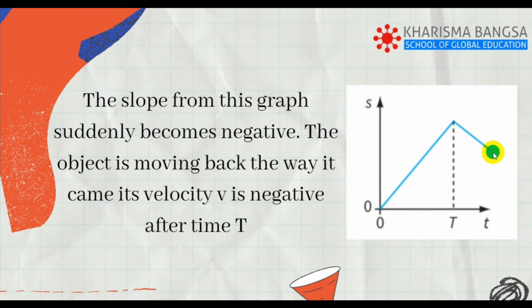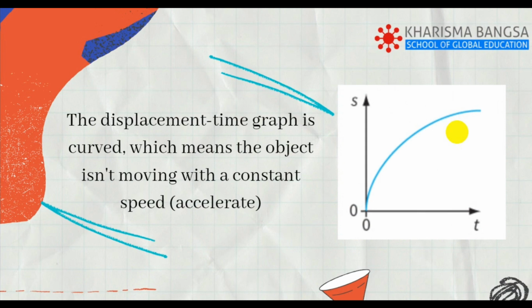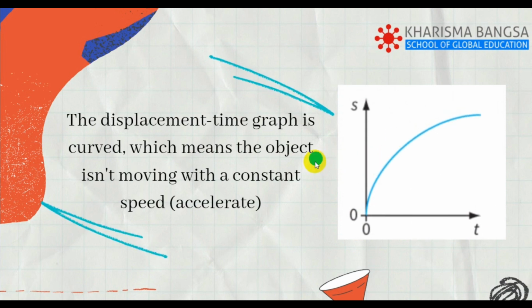The object is moving back the way it came, so its velocity is negative too after time t. Next, in this graph, the displacement time graph is curved, which means that the object isn't moving with a constant speed, or is accelerating.